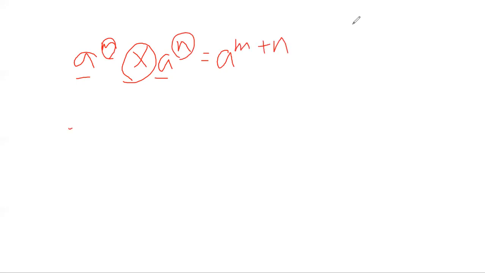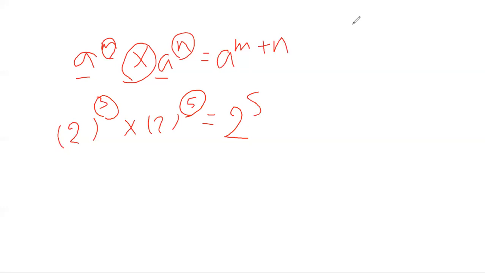Okay, if I have 2 power of 3 times 2 power of 5, no need to get 2 power 3, which is 8, and 2 power 5, which is 32, then multiply them. No, I can do what? I can write 2, the same base, and add the powers. 3 plus 5 equals 8. So it is equal to 2 power of 8.